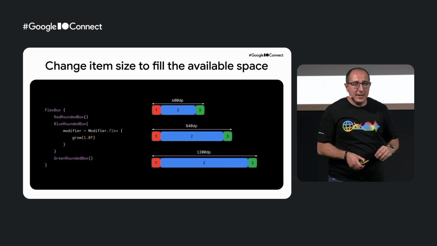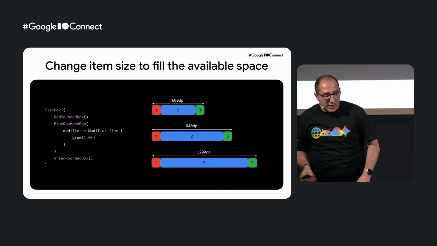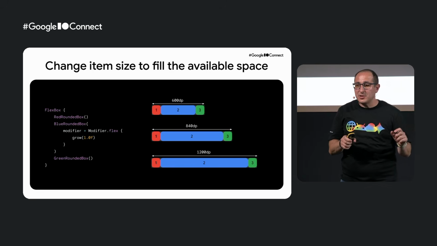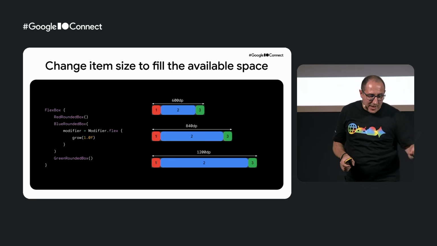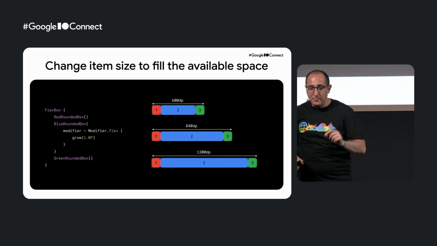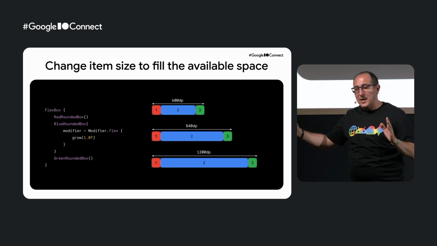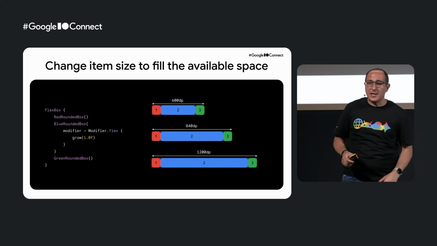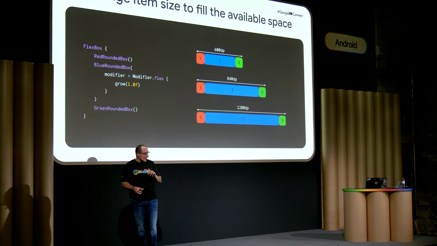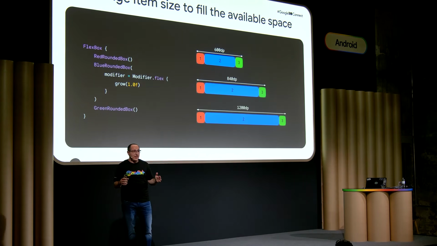What happens here is that FlexBox will calculate how much space it has. It will calculate how much space the two children, the red and the green, will take up. And then it will increase the amount of space at the disposal of the blue, because it's the only one that has a Flex modifier that indicates that it can grow up to the full amount of space available.